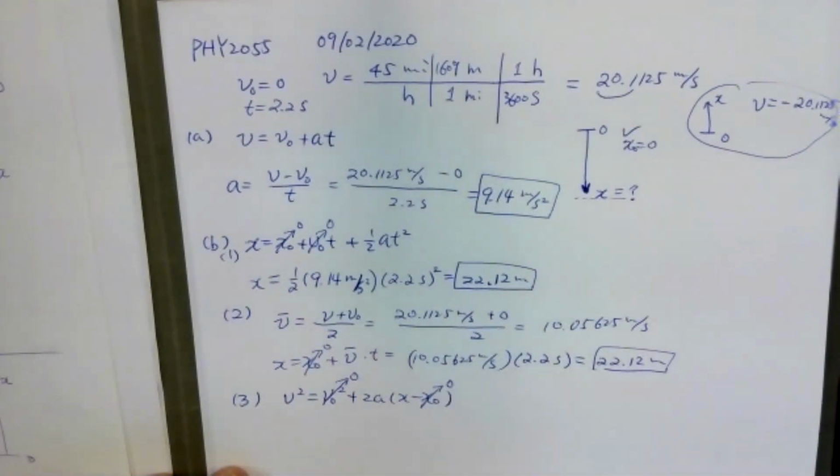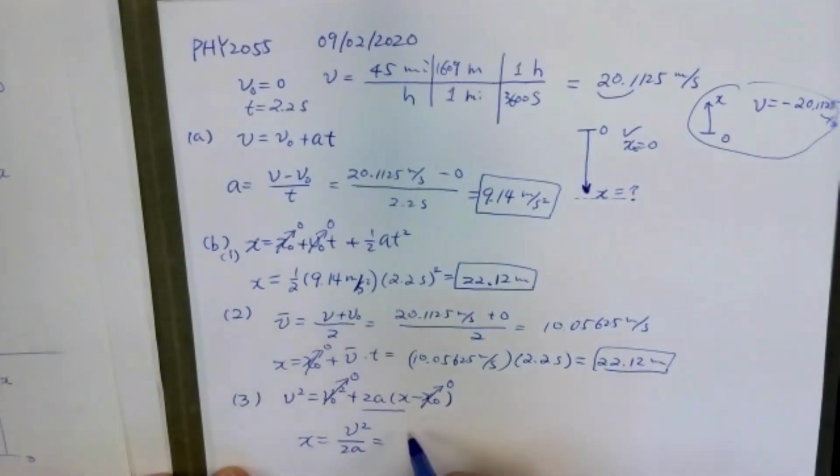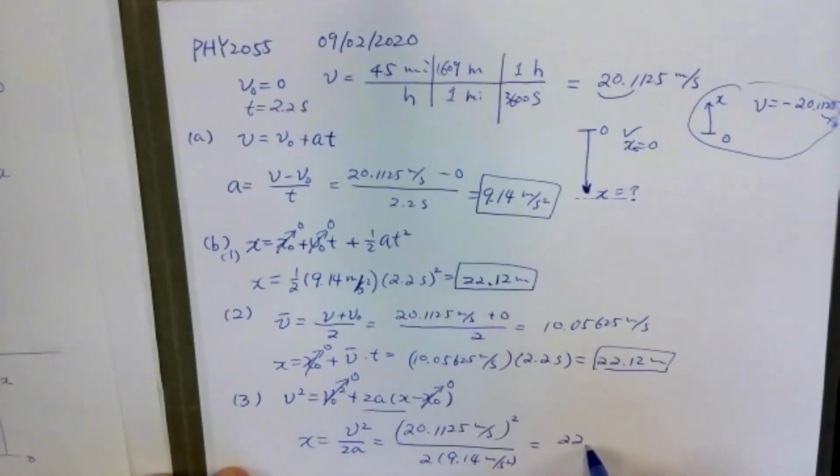X naught is 0, okay? So then on the right-hand side, you only have this remaining. So your x then will be equal to v squared over 2a, okay? V is 20.1125 meters per second. You do the square of that, divide by 2 times 9.14 meters per second squared. You should also get 22.12 meters.